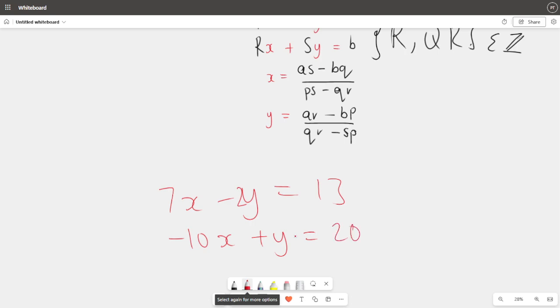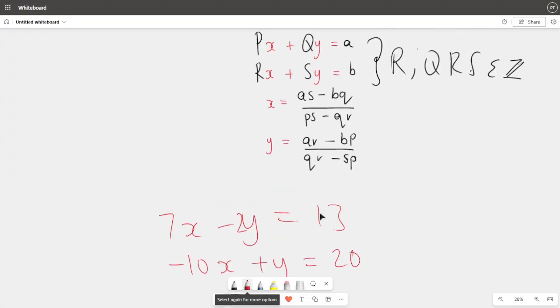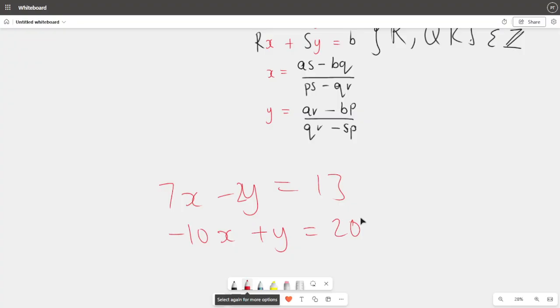Any two linear systems given in that nature of px plus qy equals a, and rx plus sy equals b. Now, what you should not worry about is that you definitely need to substitute those values with their signs. You do not have to leave their signs behind.